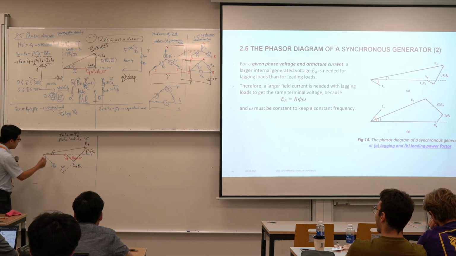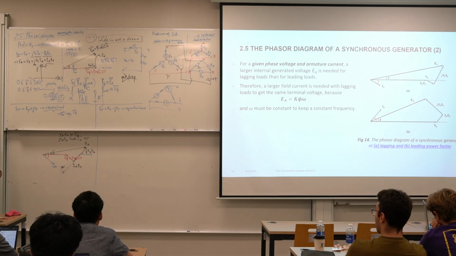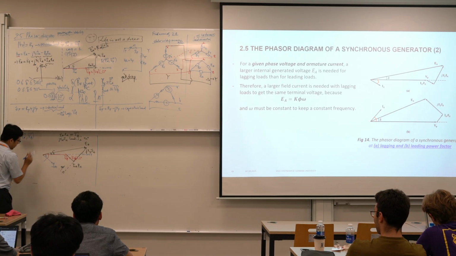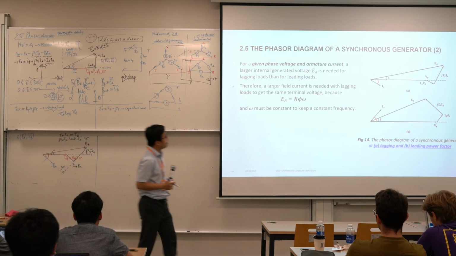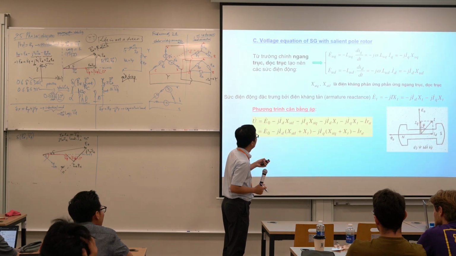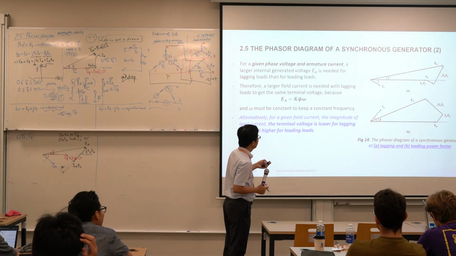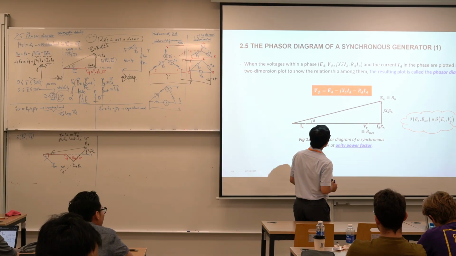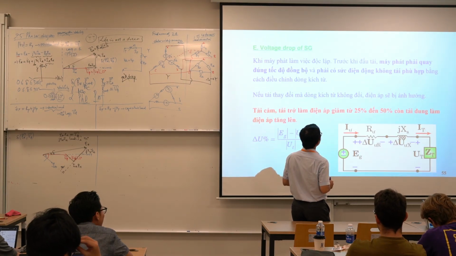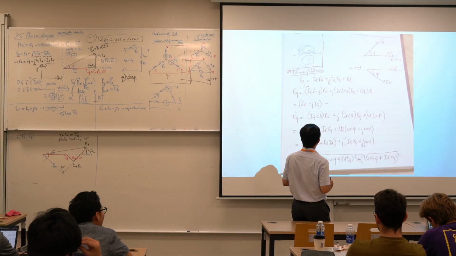So when we talk about delta, this is the phase angle between EA and V phase. We have another phase angle here. What is this?